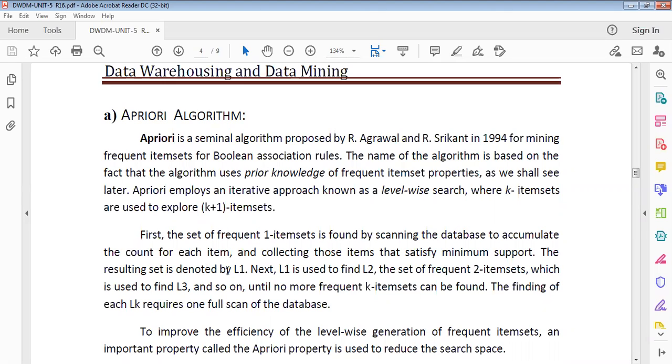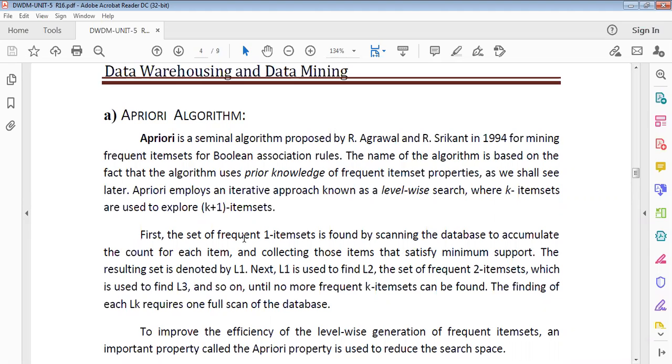Apriori employs an iterative approach known as level-wise search, where k-item sets are used to explore k plus one item sets. First, the set of frequent one-item sets is found by scanning the database to accumulate the count for each item and collecting those items that satisfy the minimum support.